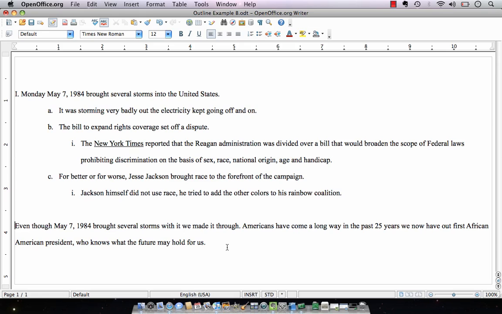Even though it says May 7th, 1984, I'm not sure if this is a part of the outline or the conclusion. It's not really labeled, so it's not really clear to me. If it is part of the conclusion, it's incomplete, it doesn't signal the end. It doesn't really tell me what the speech is about.